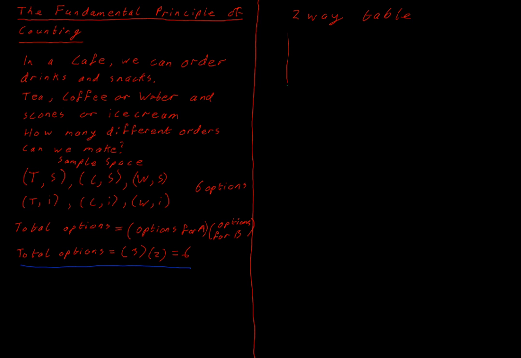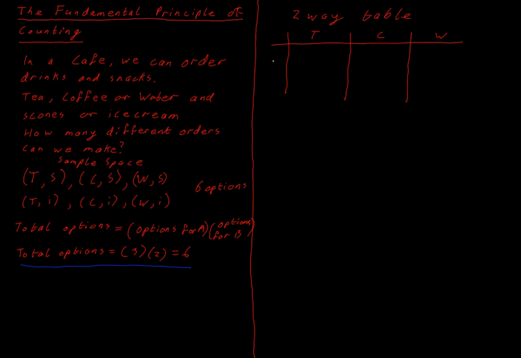And what we do is we draw a table as so, and we have our 3 options here: tea, coffee, or water. Our options for our drinks, tea, coffee, and water, will go along the top.